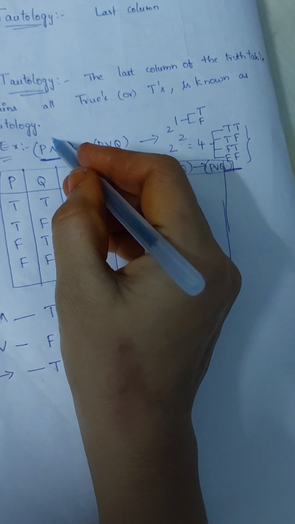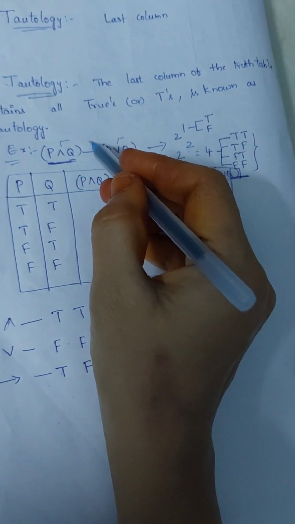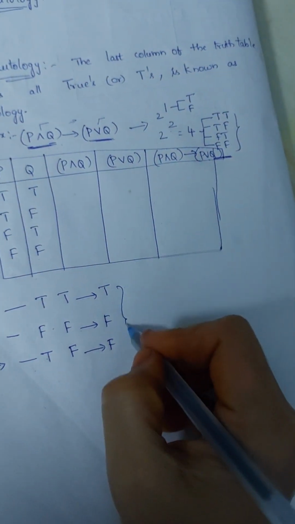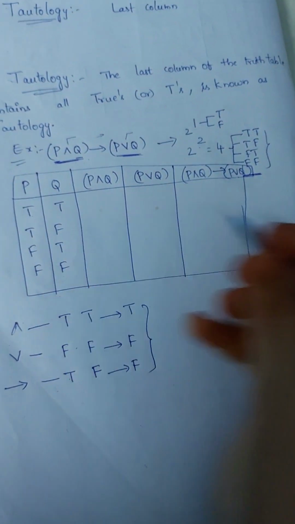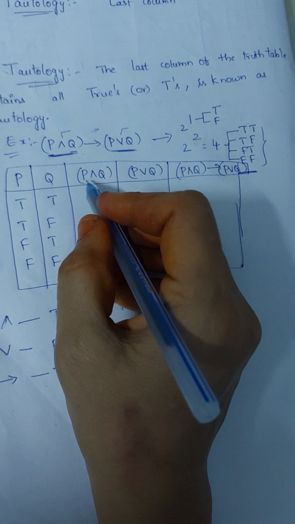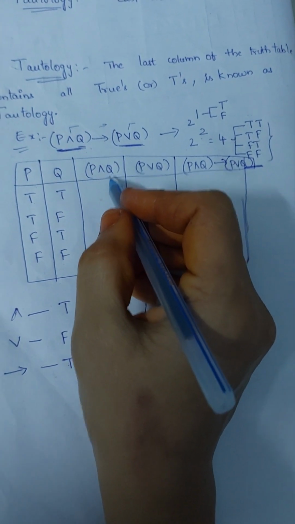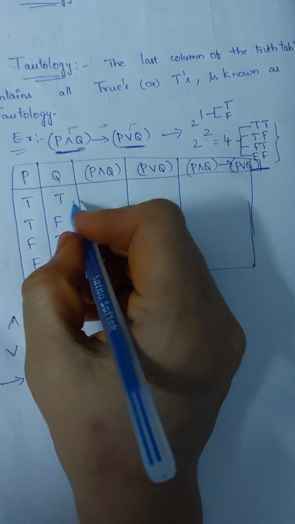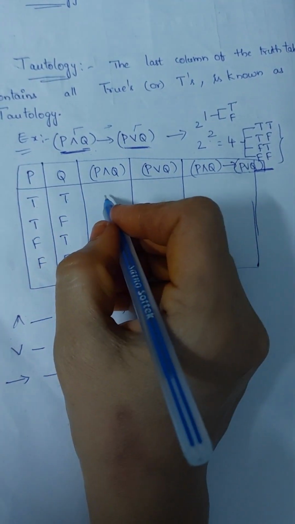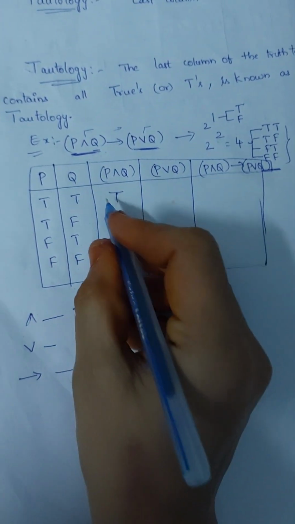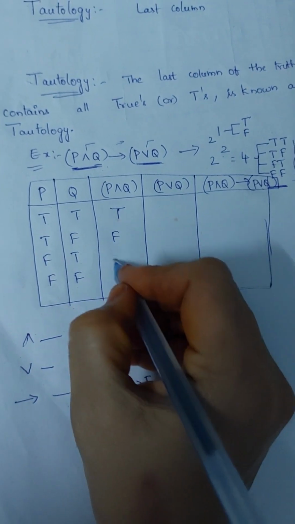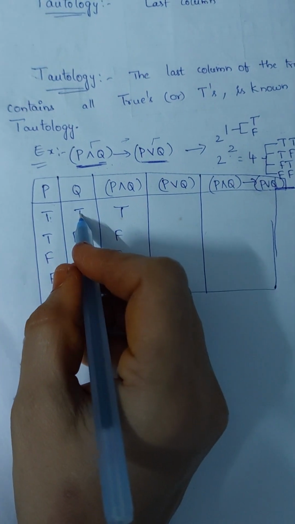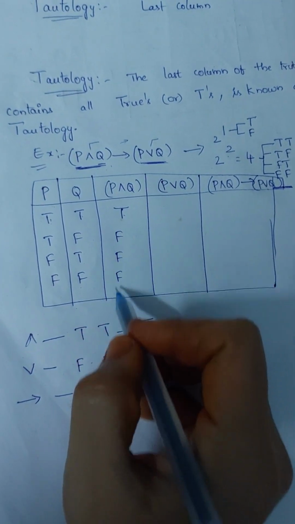Few more connectives are available, but in this expression we have only and, or, and implies. These three symbols give us the truth table. In the P and Q column, in the first row both values are true, so the resultant is true, and the remaining are false.